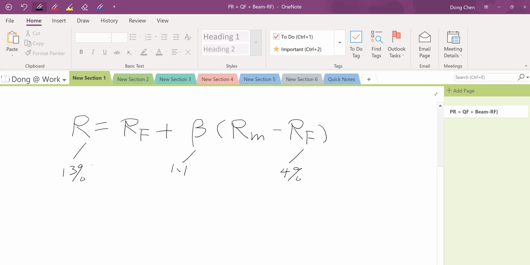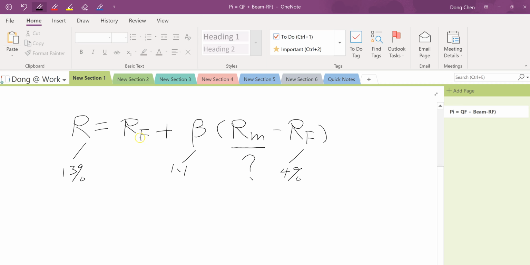Now we can solve. Basically, this question is asking about R_M. But how can we solve for R_M?